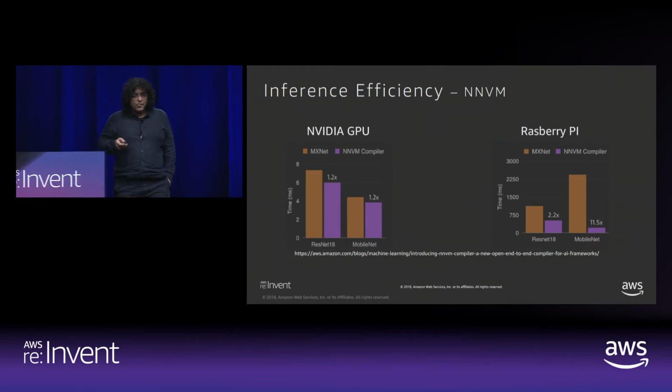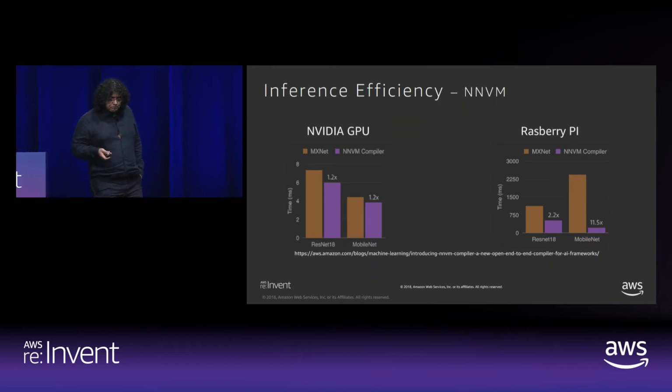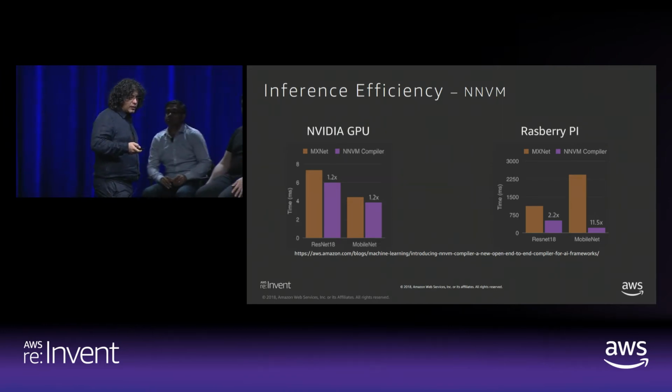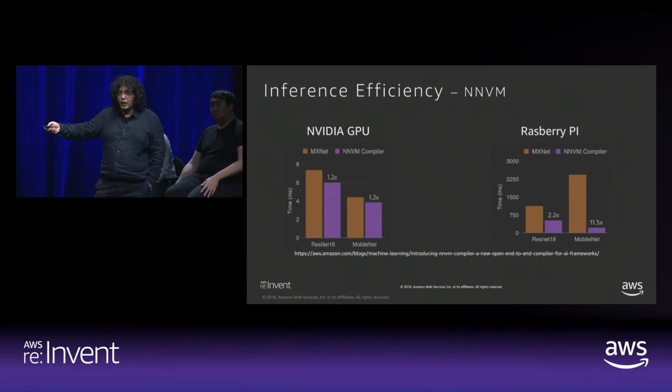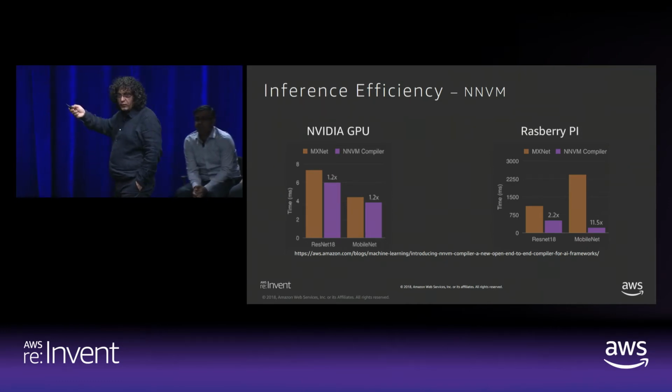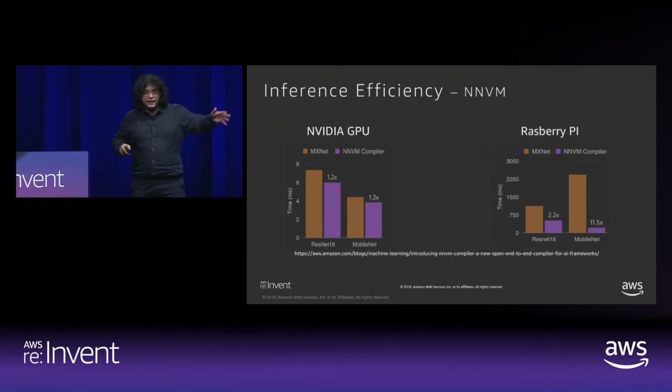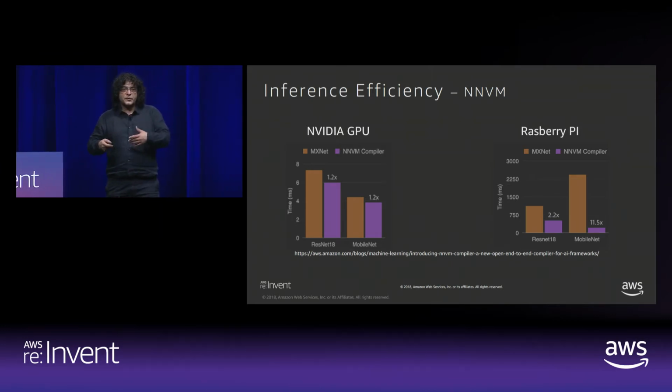We move forward. So there is NNVM. You will hear more about it. One of the things we do here is compile the models for the target hardware. With a line of code or two, you can say, I want this to go on Atom or Raspberry Pi, or I want it on Pascal, or this and that. It creates an optimized model artifact for that target architecture.